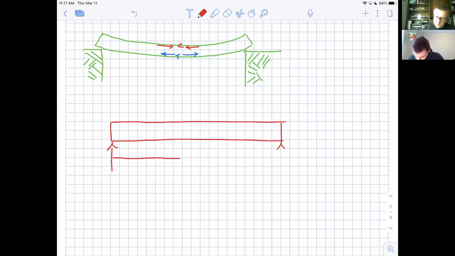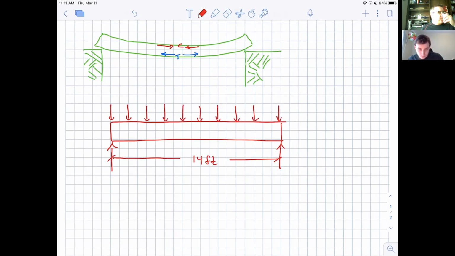So let's say this thing is 14 feet long. And let's put a distributed load on it. Notice it's not triangular, but let's put the simplest load. And this is what happens on a kind of a typical house.